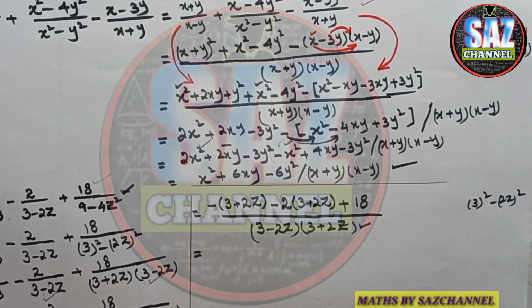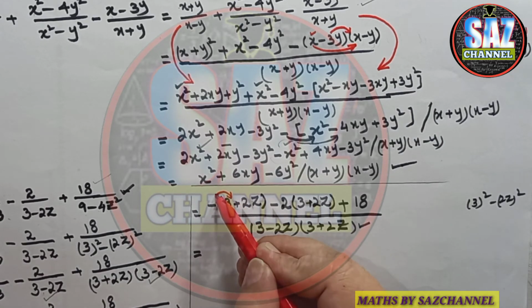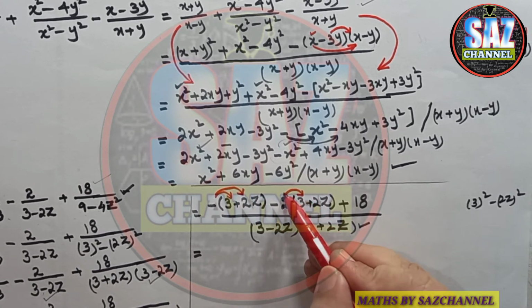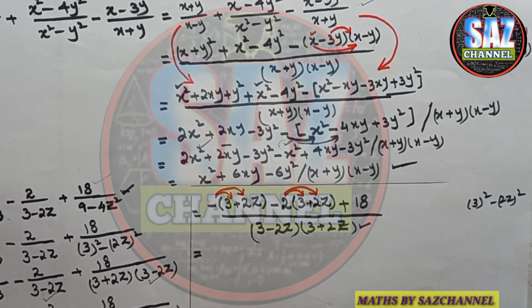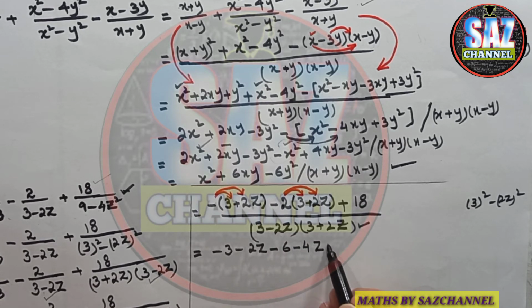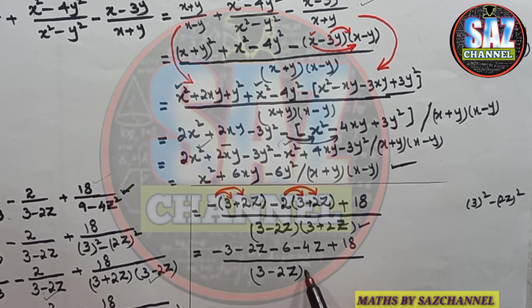Now we have to multiply this minus sign with every entry inside the bracket, and the same we have to multiply this 2 with every term inside the bracket. In the next step, the question will take the form minus 3 minus 2z minus 6 and 2 2s are 4, minus 4z plus 18 upon 3 minus 2z and 3 plus 2z.